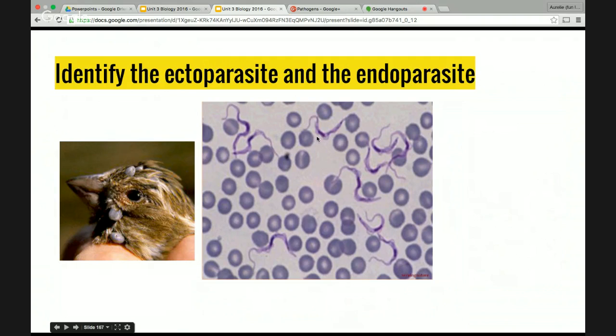So that's blood, and you can see it's been infected by some kind of bacteria, okay? Now, which one of those is the ectoparasite and which one is the endoparasite? Have a think about it. Ectoparasites are those ones because they are on the outside, whereas endoparasites live on the inside. So that's an endoparasite, and this is an ectoparasite.